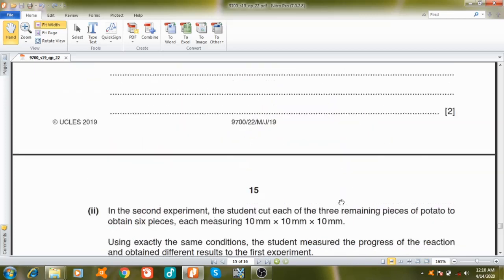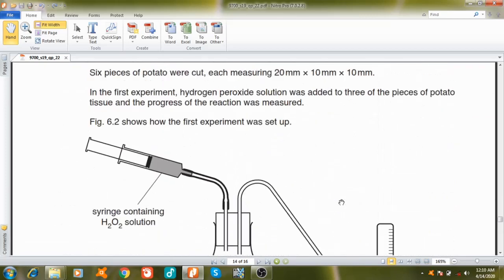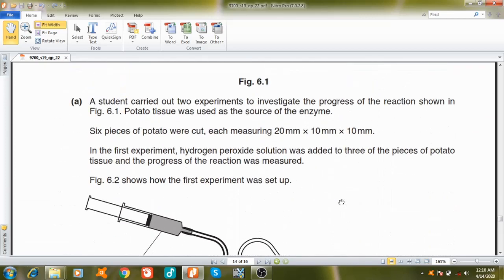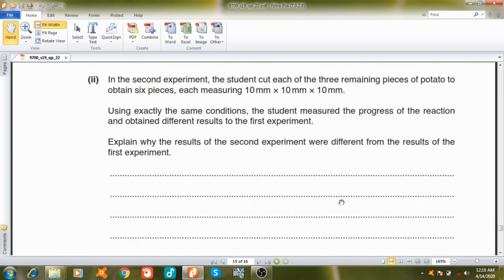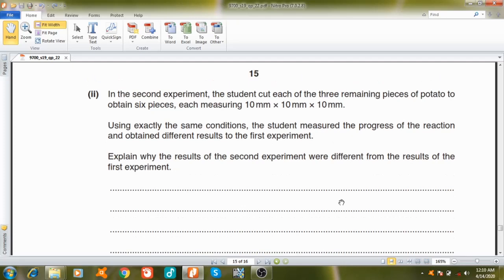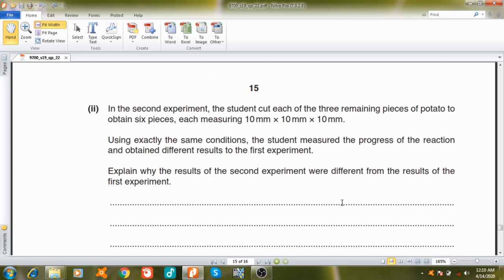In the first experiment, the size of the potato tissue is larger, 20 by 10 by 10. But in the second investigation, the size of the potato tissue is smaller, which means more surface area. In the second experiment, there is greater surface area of the potato tissues. When hydrogen peroxide comes in contact, more catalase molecules come in contact with the hydrogen peroxide because more cells are exposed while cutting, because of larger surface area.